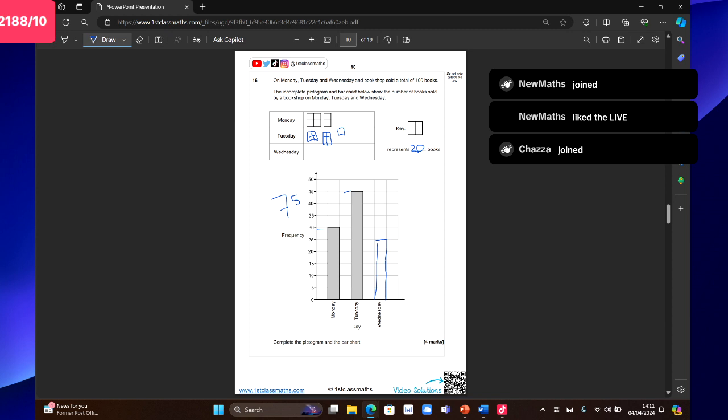So 5, 10, 15, 20, 25. So there's going to be one box and then a quarter of 20, which would be 5. There we go. That's my answer for that.